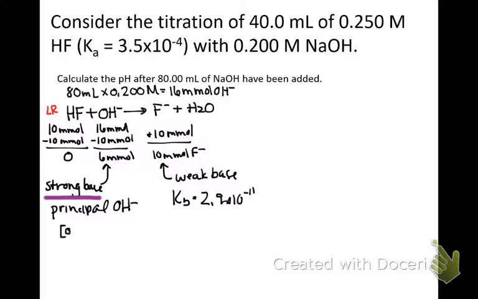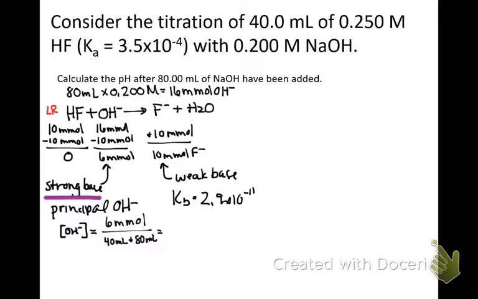The concentration of OH minus in the solution will be those extra 6 millimoles divided by the total volume, so the 40 milliliters we started with plus the 80 milliliters that were added.